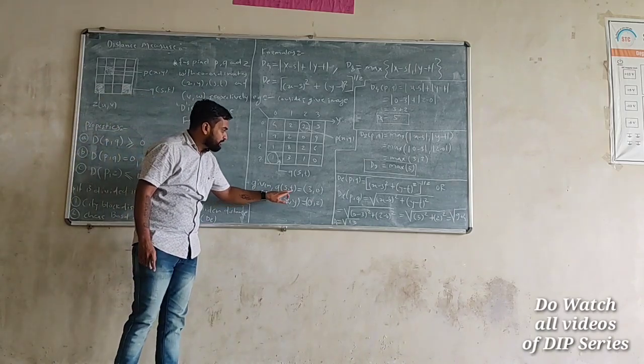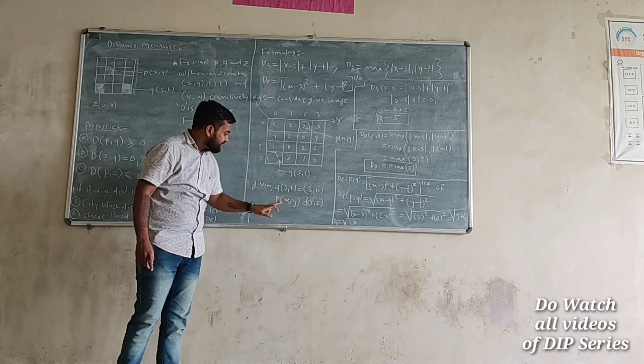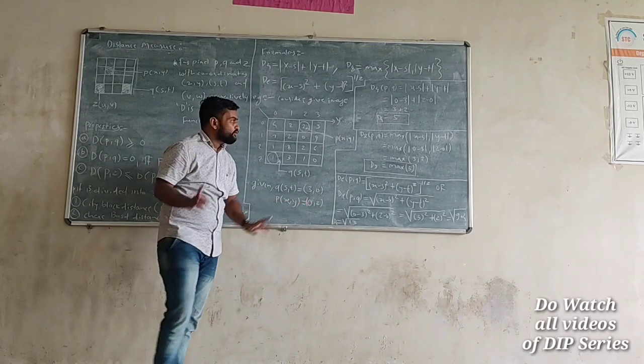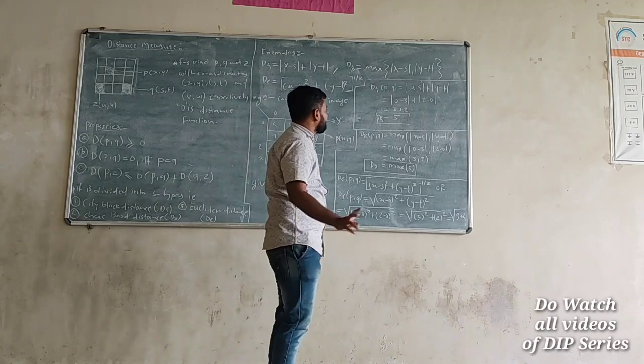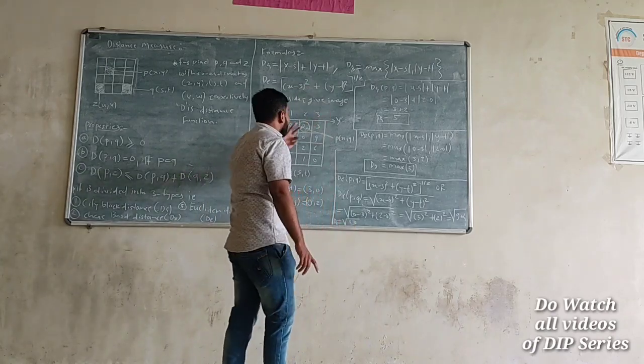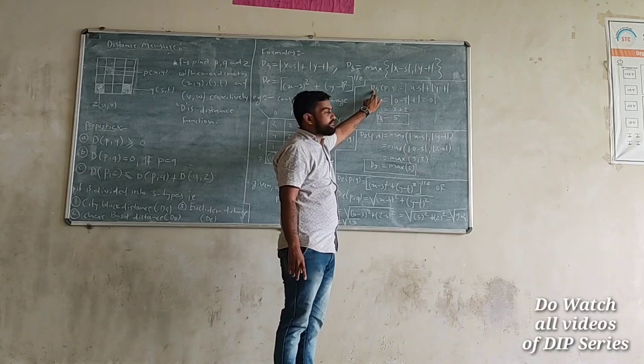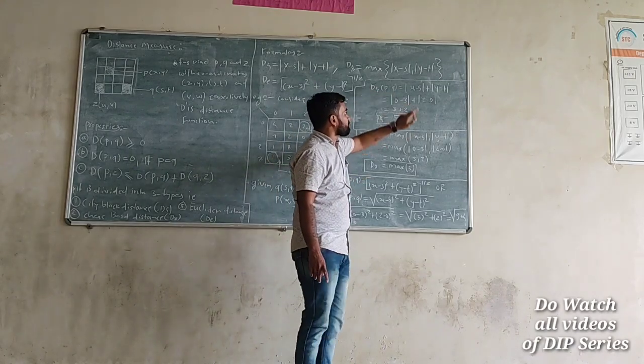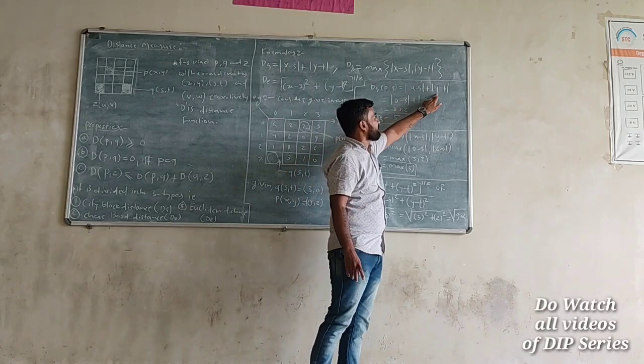Q of s comma t is 3 comma 0 and P of x comma y is 0 comma 2. So first we are going to find out the city block distance, given by D4. The formula for that, D4 of P, Q is equal to mod of x minus s plus mod of y minus t.